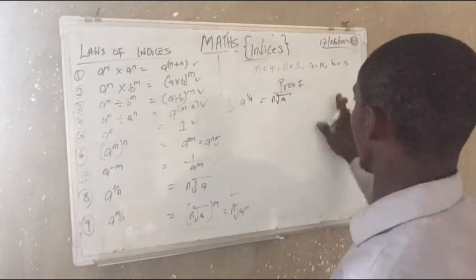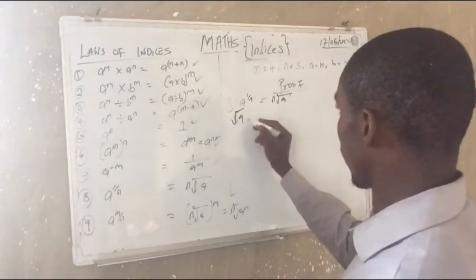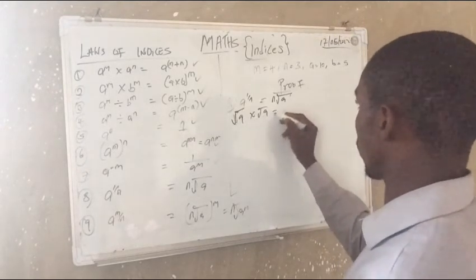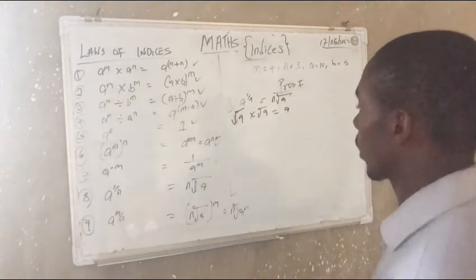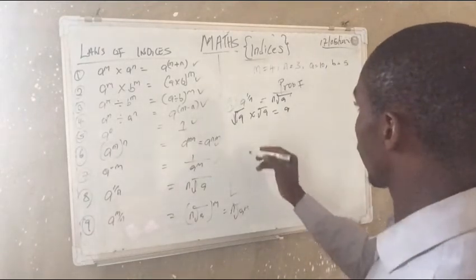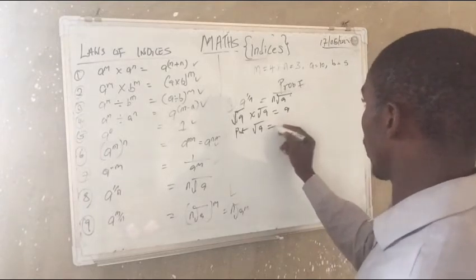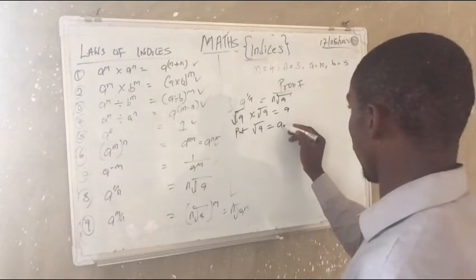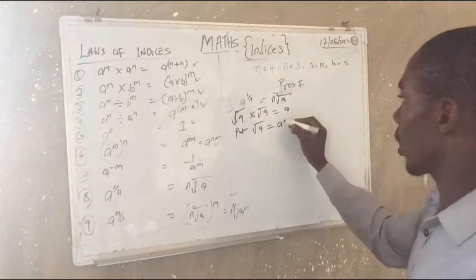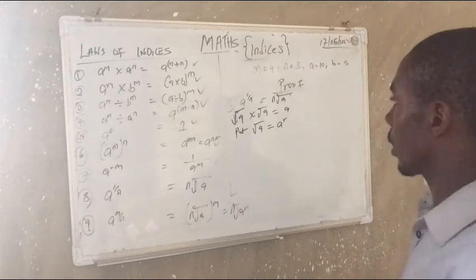Okay, first of all, let's do this. We know that root a times root a is equal to a, right? Yes. And so we further proceed. Put root a equal to a raised to the power, let's say r. Why did I do this?